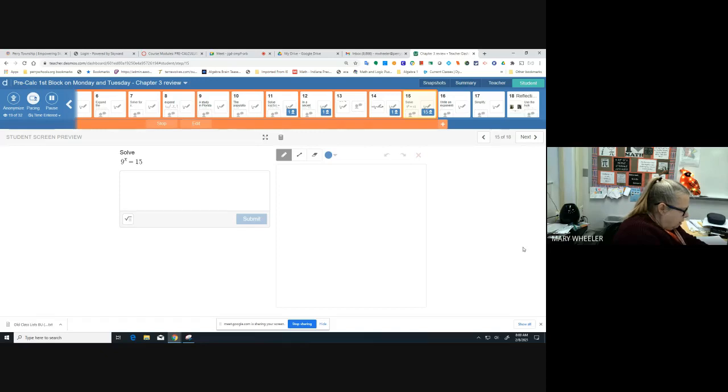I see people on the right track, so this is good. Yeah, a lot of you are rewriting that in log form, which is perfect. Log base 9 of 15 equals x.